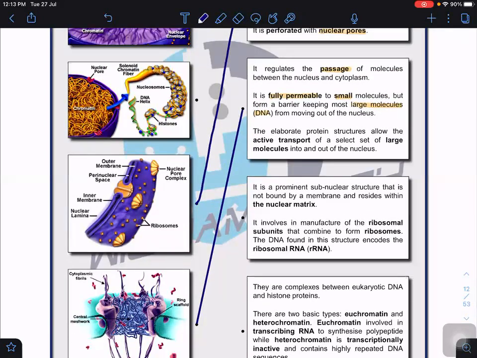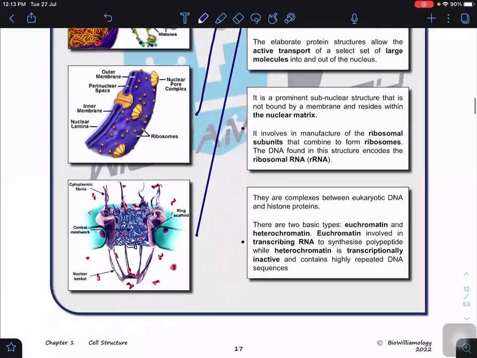Next: it is a very prominent subnuclear structure, not bound by membrane, and resides within the nuclear matrix or nucleoplasm. It is involved in the manufacture of ribosomal subunits that combine to form the ribosome. The DNA found in this region encodes for ribosomal RNA, so synthesis of rRNA.